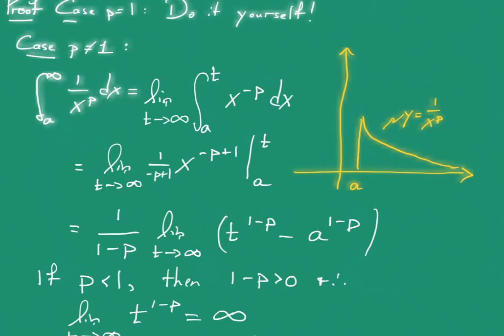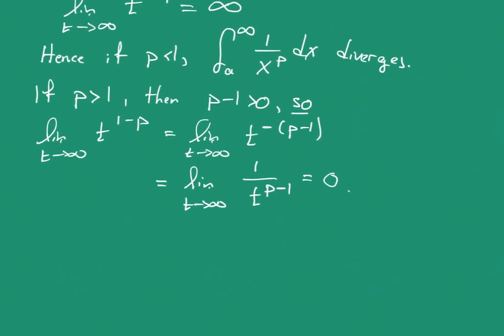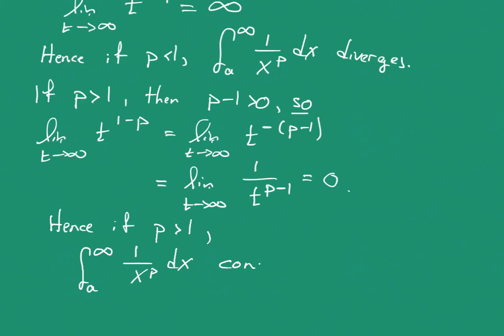All right, so what we've shown then is that if p is bigger than 1, the improper integral converges. I'll just write that down as the last statement right here. Hence, if p is bigger than 1, we've shown that our improper integral from a to infinity of 1 over x to the p, in other words, this p integral converges. That's it.